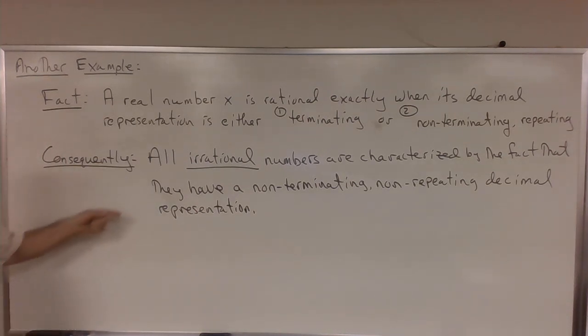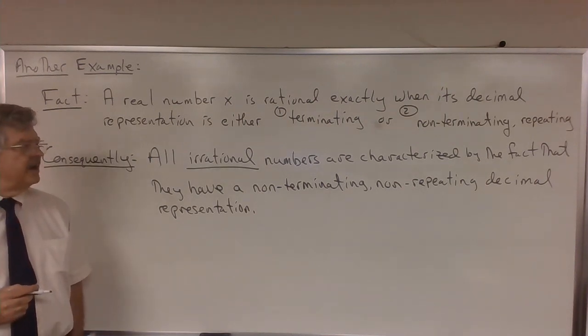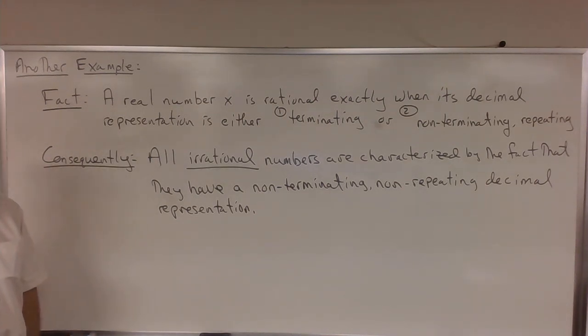All irrational numbers are characterized by the fact that they have a non-terminating, non-repeating decimal representation. Now, maybe I should spell it out differently.